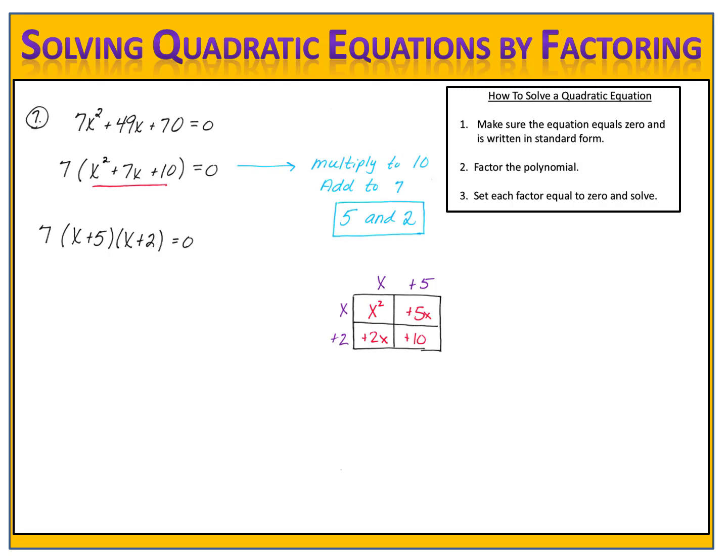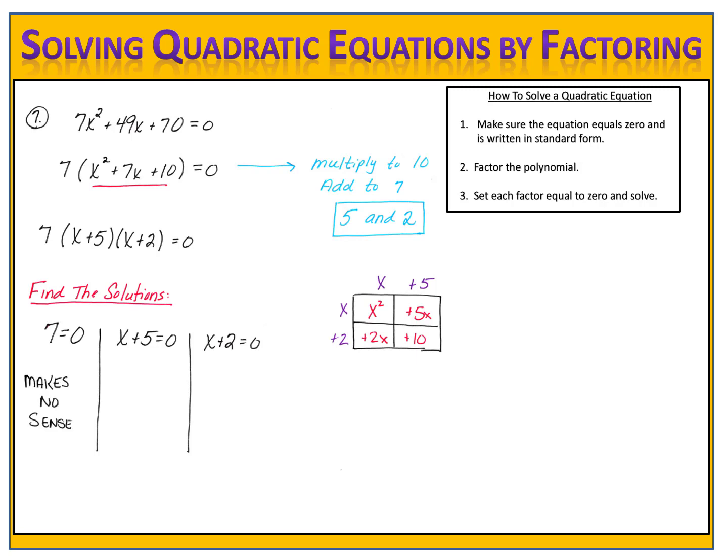Now that we have the factored form and the equation equals 0, we're ready to find the solutions or the roots. We have 3 factors this time, so we write each of them equal to 0. 7 equals 0, x plus 5 equals 0, and x plus 2 equals 0. 7 equals 0 makes no sense, so that's out. There's nothing there for us.